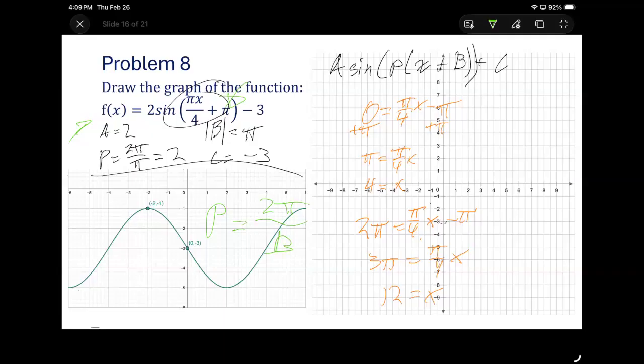That's just the general formula. If it was just regular sine, that b would be 1. It repeats every 2 pi, such that if we make it faster by multiplying by pi over 4, we need to divide by that pi over 4.